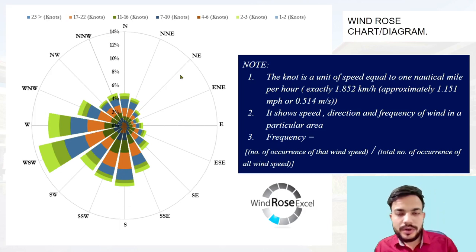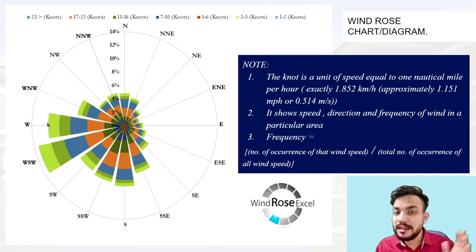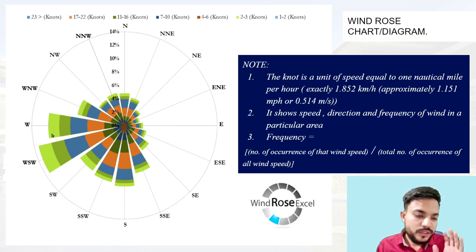Now have a look at this windrose diagram, and let us take one example to know more about it. Let's say your building is situated somewhere here and you are interested in the characteristics of the wind coming from the west direction. If you have this windrose diagram, you can do it very easily.